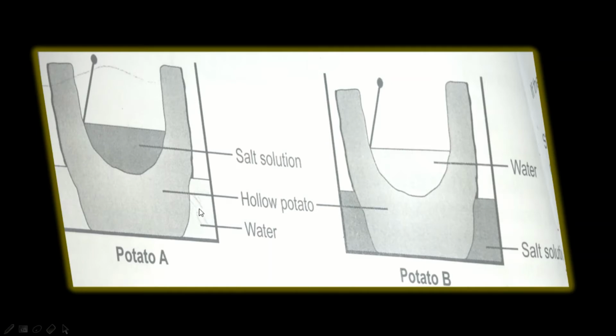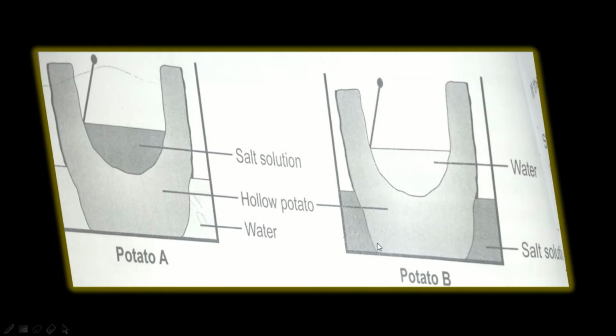Now, because water will leave the beaker and enter the potato through a partially permeable membrane, you will see that the water level in your potato will increase, such that the water level will be above the pin.